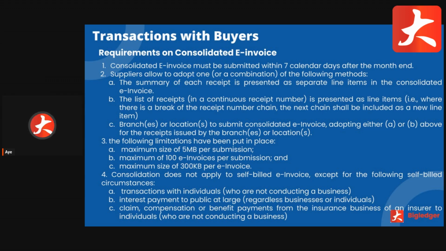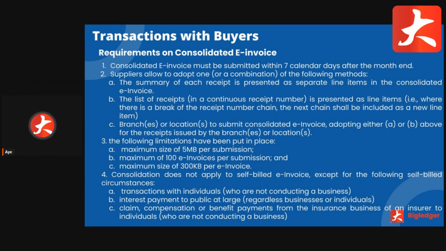Then the second one is the list of receipts as a separate line, which means that you can combine the continuous receipt numbers. So if your receipt number starts from 001 until 0010, then you can put this 001 until 10 in one line.